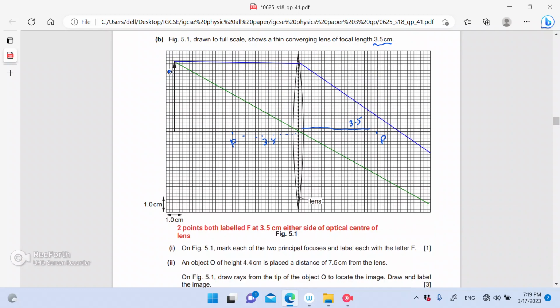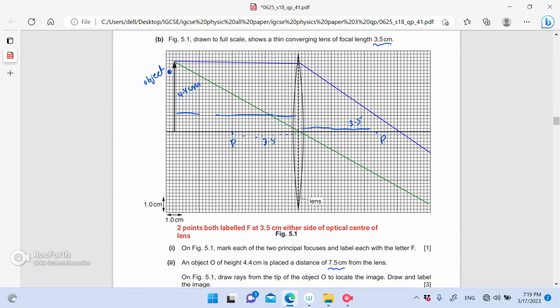So here the object, where is the object? This is the object. Height is 4.4. It is placed at a distance from the lens of how much? 7.5.